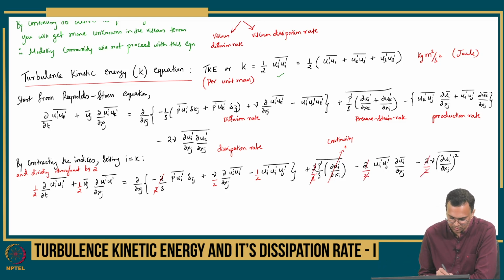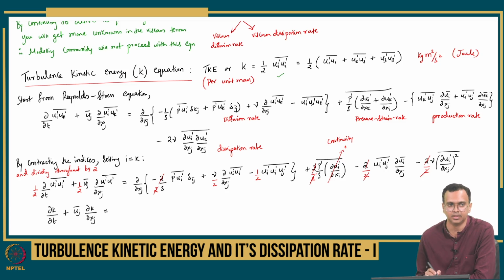Since half is a constant, I can just move it inside the derivative. So I simply get this as dou K by dou t plus, same here, half moved inside the derivative, uj bar dou K by dou xj. Now I am getting a transport equation for turbulence kinetic energy.